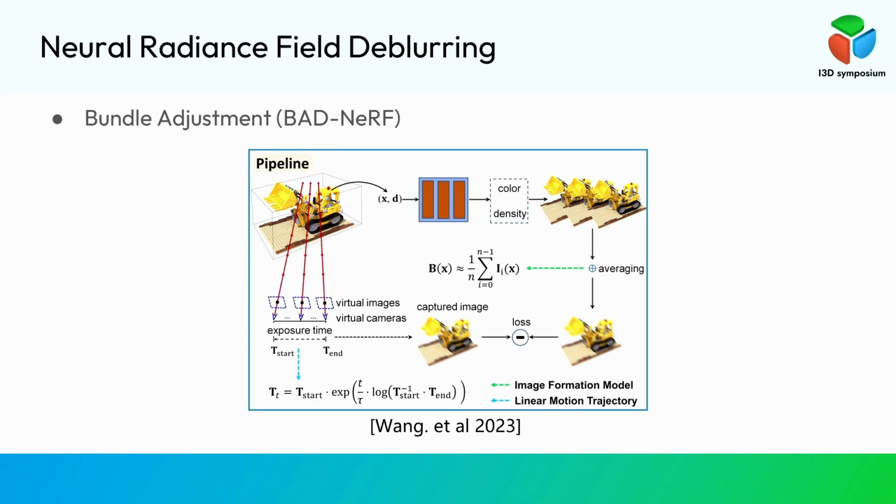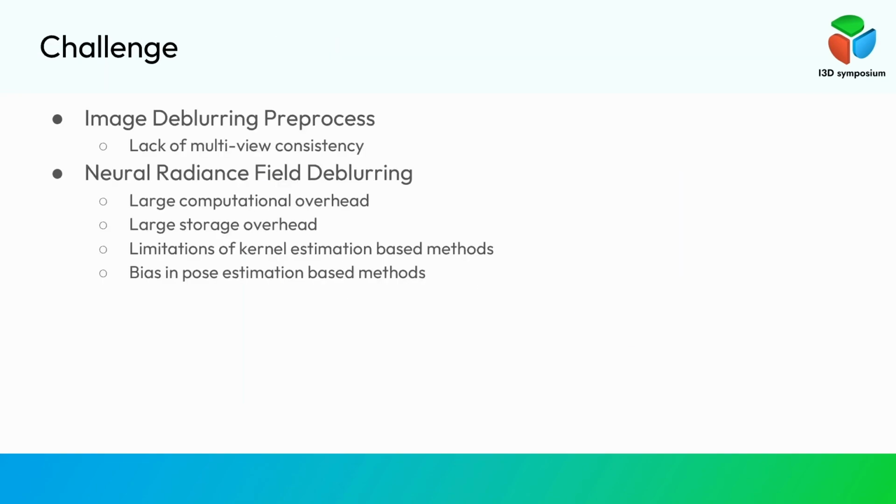So, judging from the related work, previous works have some limitations. For the traditional image deblurring preprocessing methods, lack of multi-view consistency will bring artifacts and blurriness to the reconstruction result. And for NeRF deblurring, achieving high performance and accuracy remains a challenge.